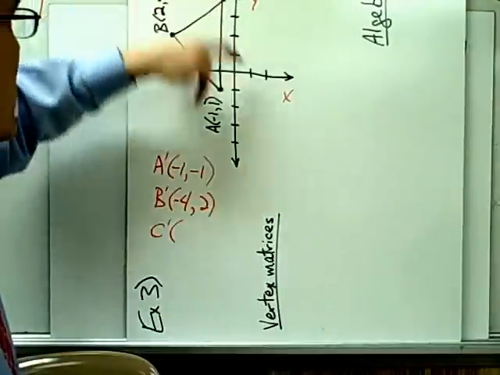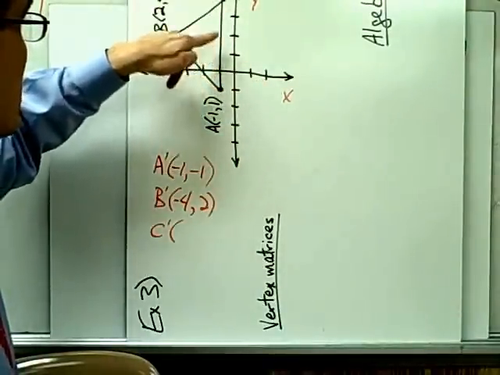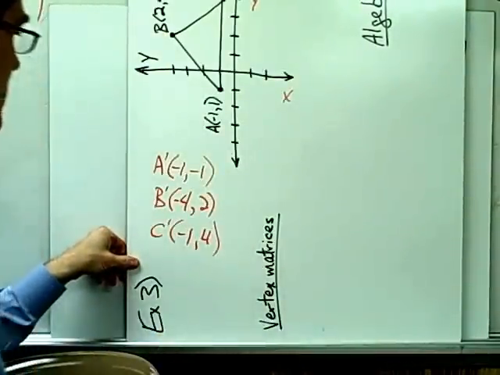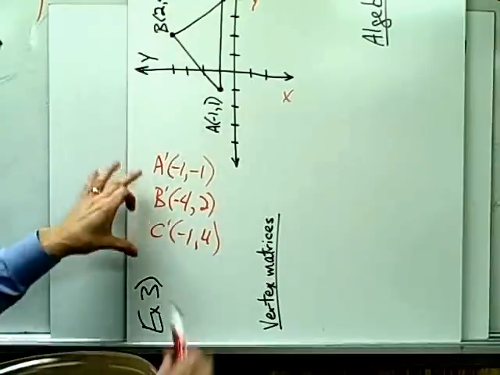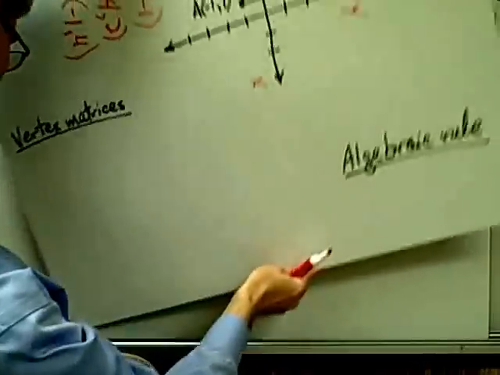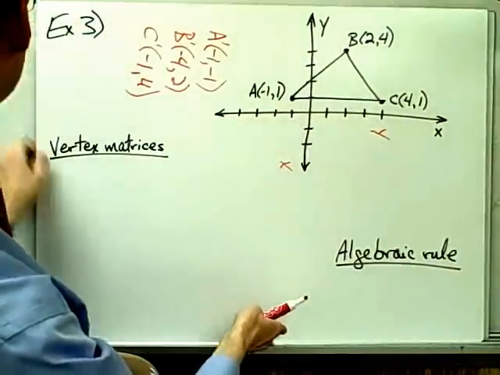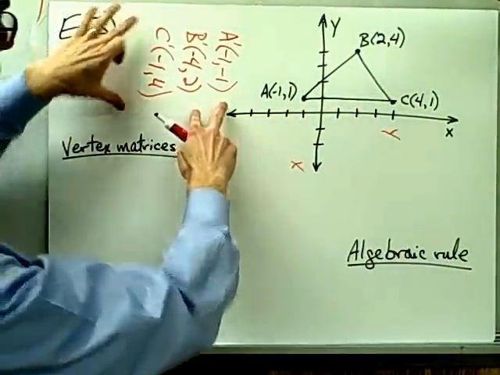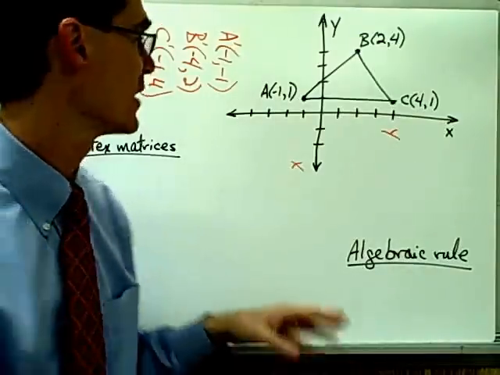And C prime is up here, that becomes negative 1, positive 4. All right, so now I have all of my new coordinates. Let me put my figure back, put my paper back on its original orientation. Okay, now I've got my coordinates for all my new points, my new vertices.